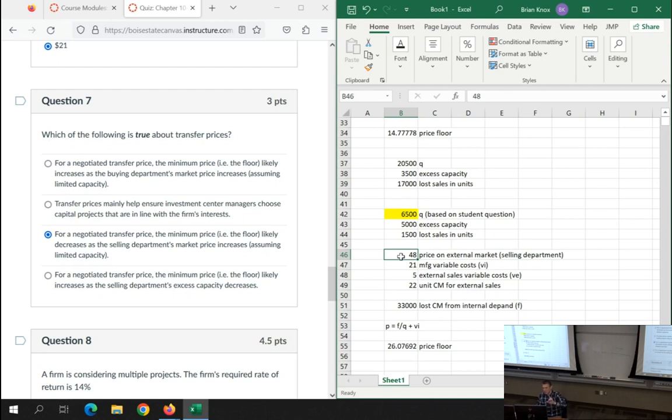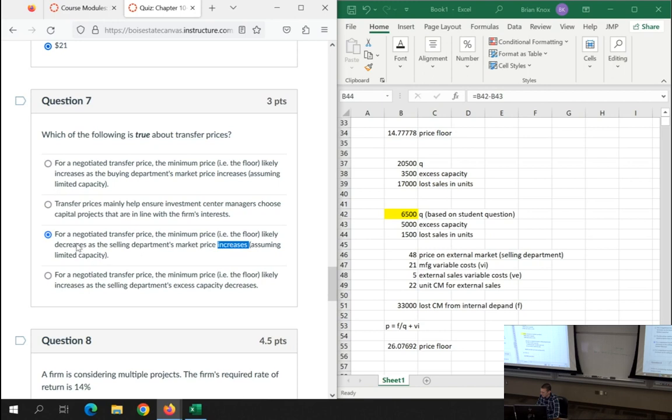If the market price increases, with everything else held constant, that's probably going to increase our contribution margin per unit. So each of the lost units is going to cost more and more. So F is going to get bigger. If F gets really, really big, does that drive P high or low? It drives it up. It means I've got to make up more for these lost sales. So this isn't true because it's backwards.